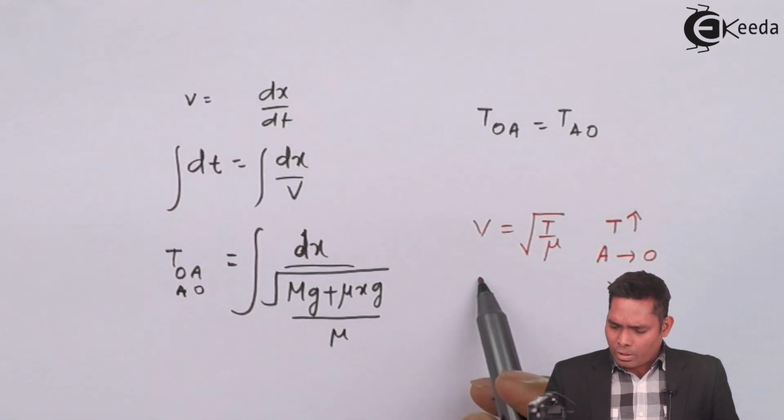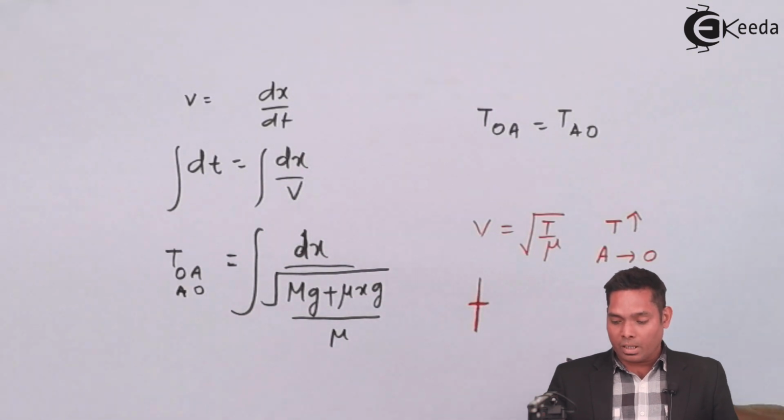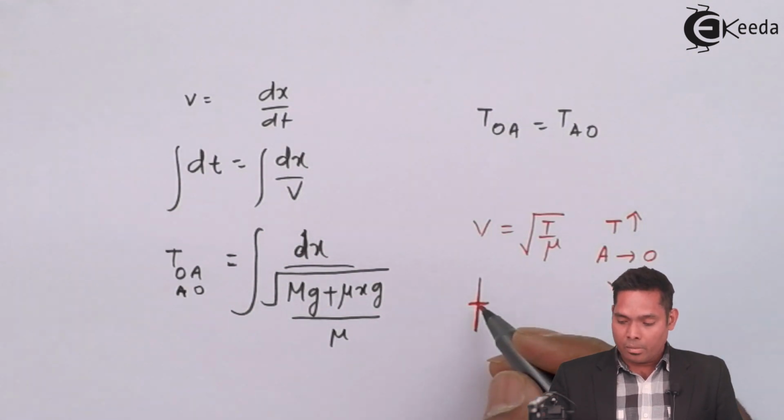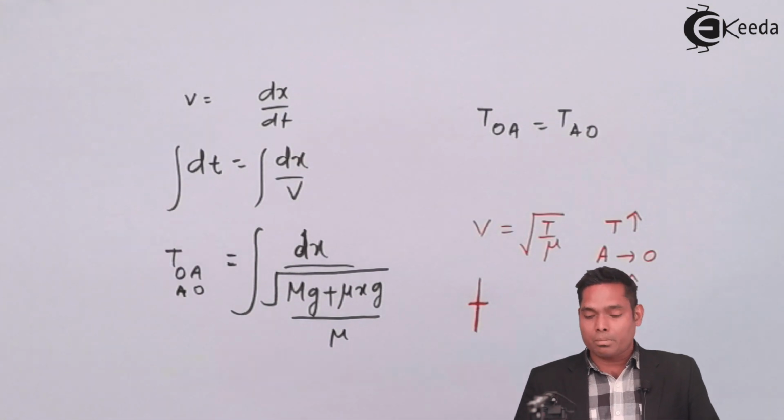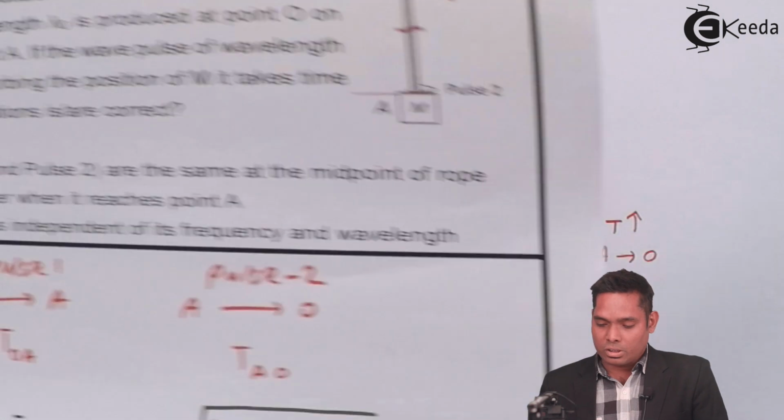But whatever the midpoint, whether moving downward or upward, the tension is same at the midpoint. So velocity will be same at the midpoint. So this part of the question is correct.